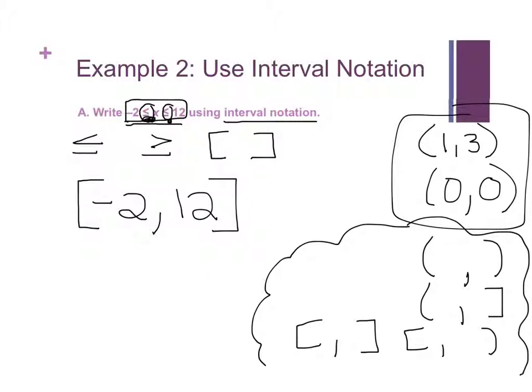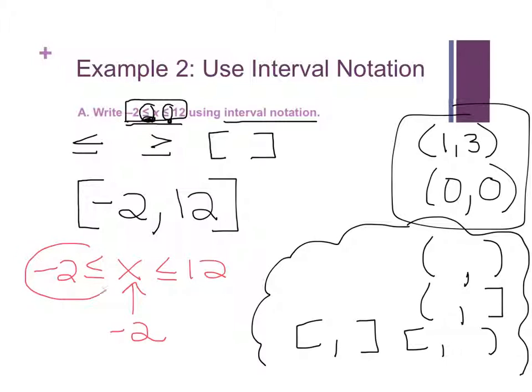So if I look at this and say -2 is less than or equal to x, which is less than or equal to 12, if I substituted -2 for x, -2 is part of my solution because -2 is greater than or equal to -2.